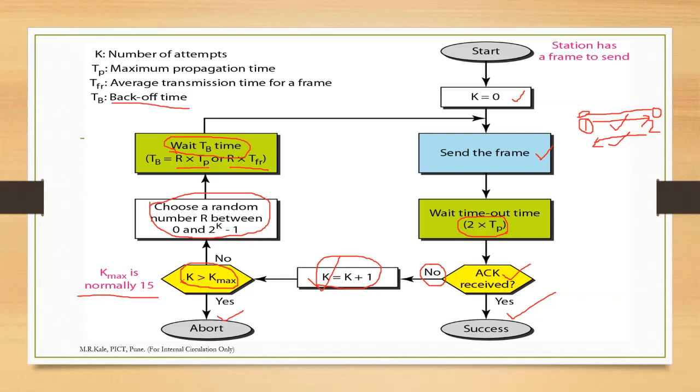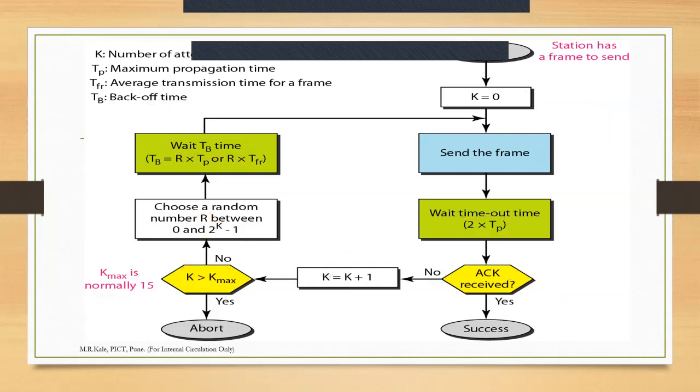In general, this time is random because R is a random number between 0 to 2 raised to K minus 1. Only thing is that this R is proportional to K. Sorry, the number of retransmissions is considered as K, and R is directly proportional to K.